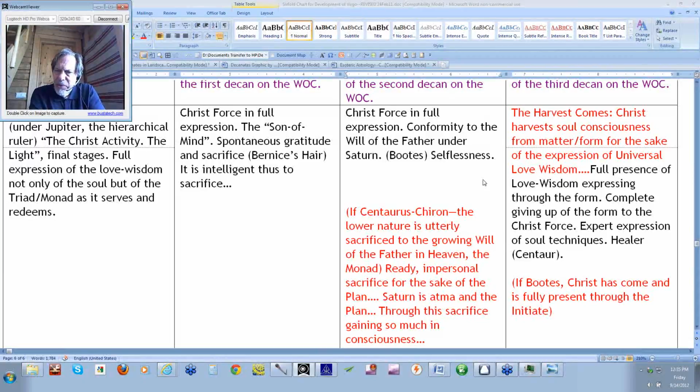At least Chiron was, but if Bootes, which I increasingly think is to be associated with that last decanate, Christ has come and is not just the coming one, is the one who has come, and is fully present through the initiate.